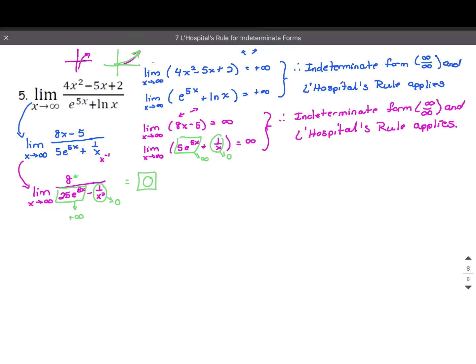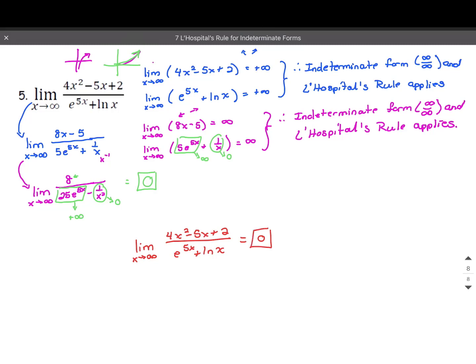So the limit here is 0. So we have that the limit as x heads to infinity of 4x squared minus 5x plus 2 all over e to the 5x plus the natural log of x equals 0.